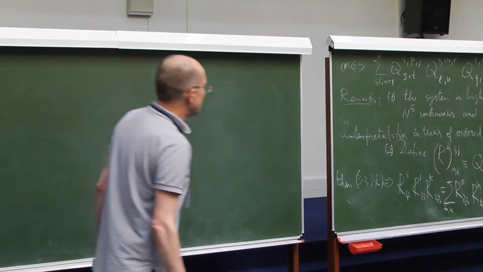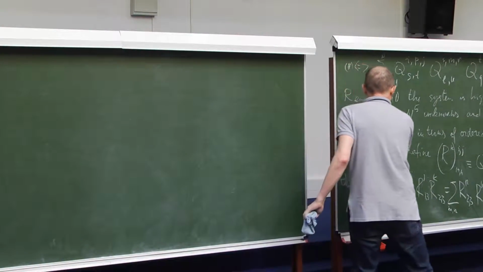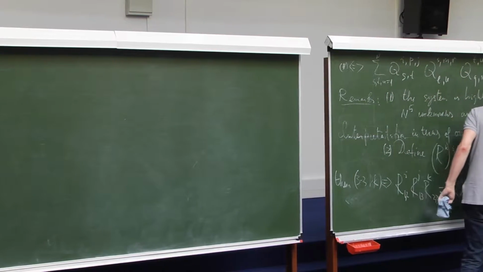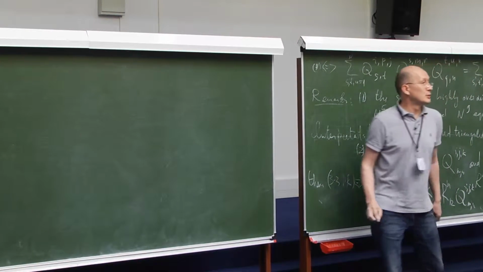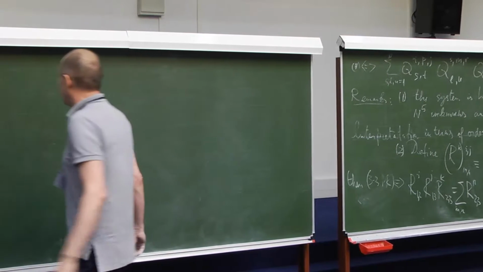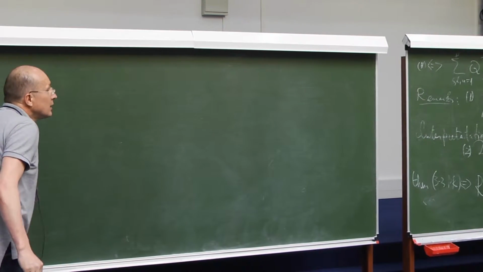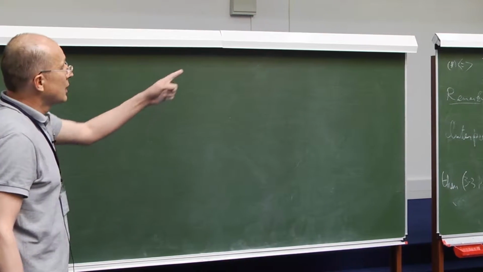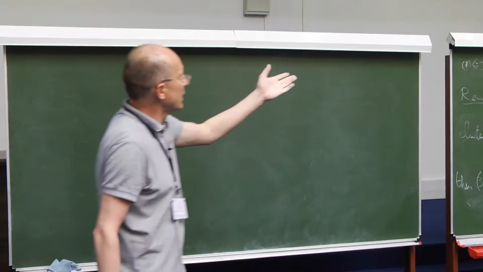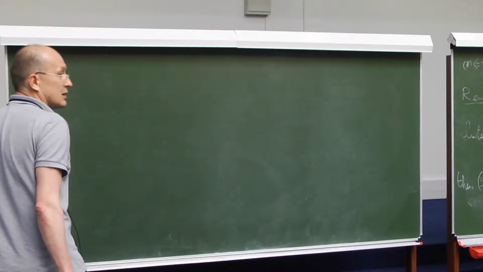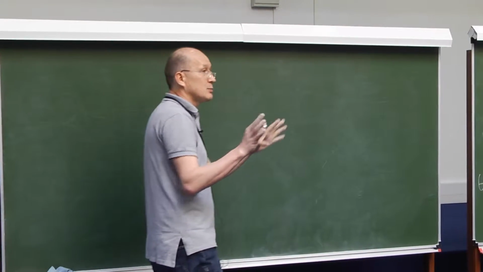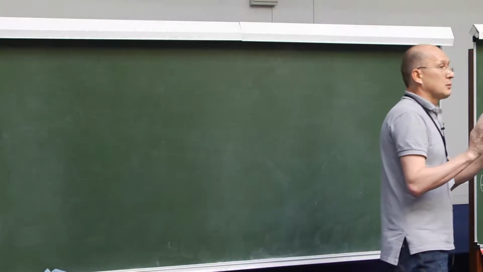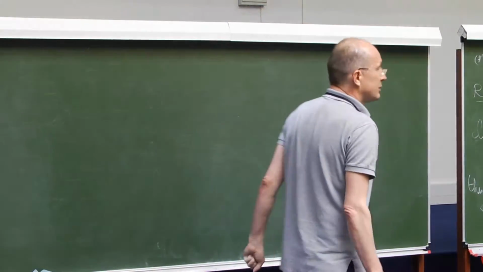Okay, now let me turn again to the interpretation in terms of 4D. Let me give an explanation of how you can derive this identity from first principles, using nothing else but triangulations.